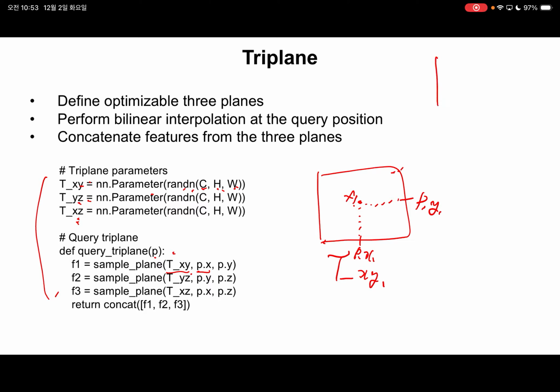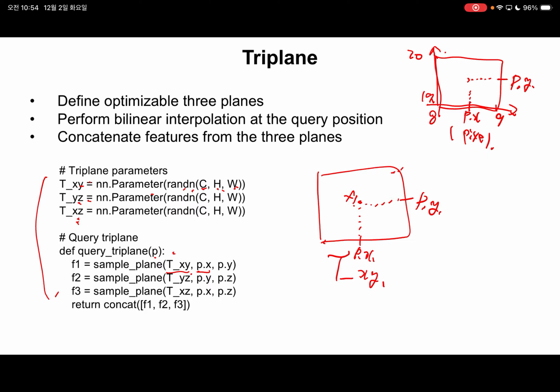So let's see, this is a pixel. And let's say this is P.x, P.y, and let's say this is 8, 9, 20, 19.